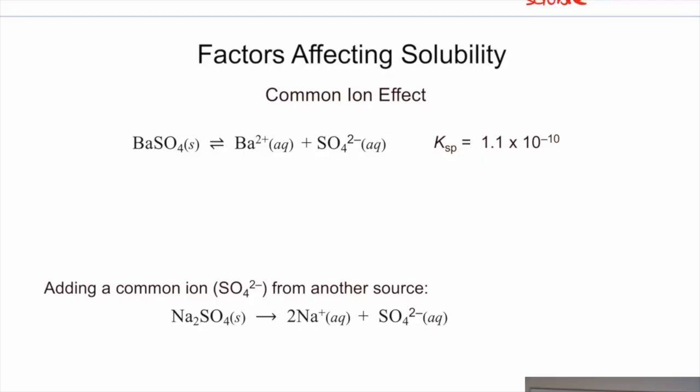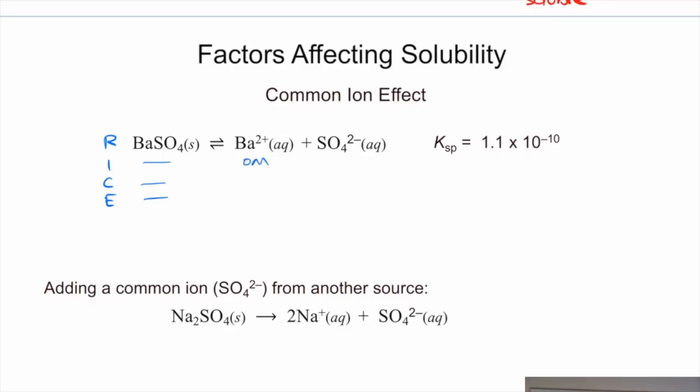And so the first thing we'll look at is the common ion effect. So here's another material, barium sulfate, that is only partially soluble. And here is a similar mass action expression, except now if I were to build a rice table for this, once again, these concentrations aren't changing.